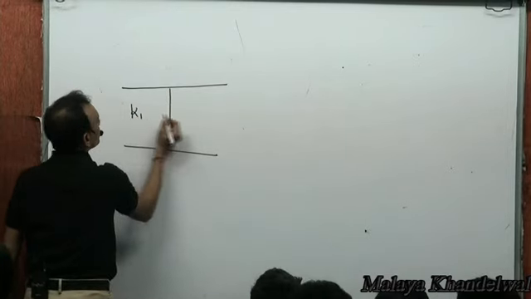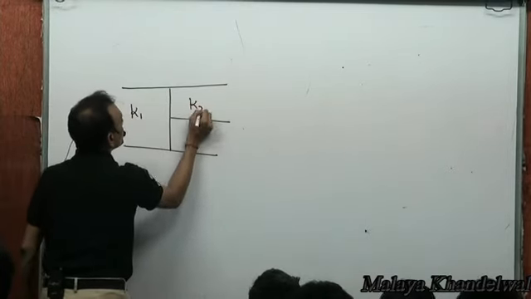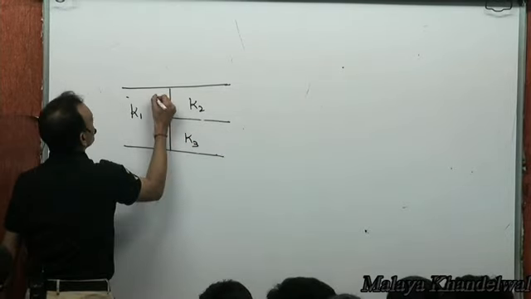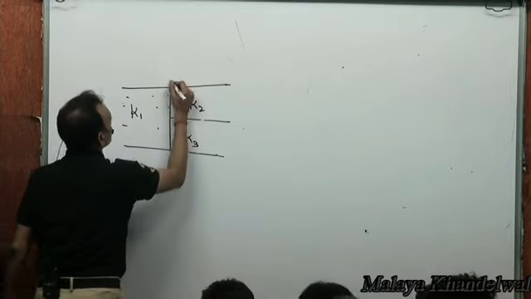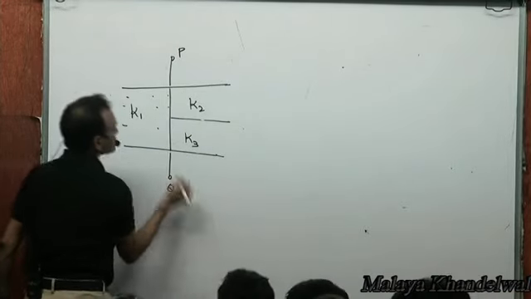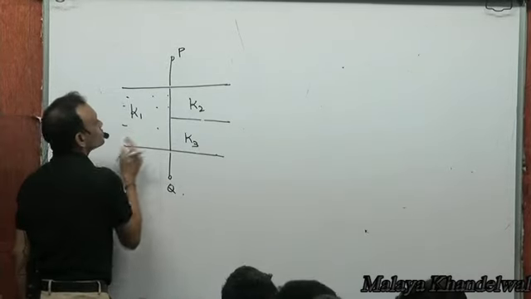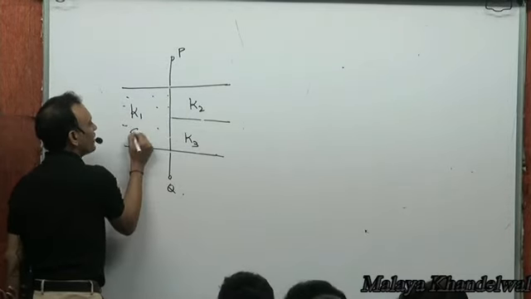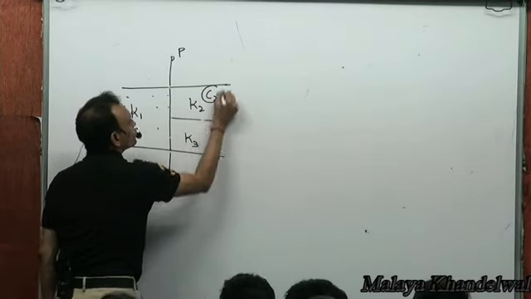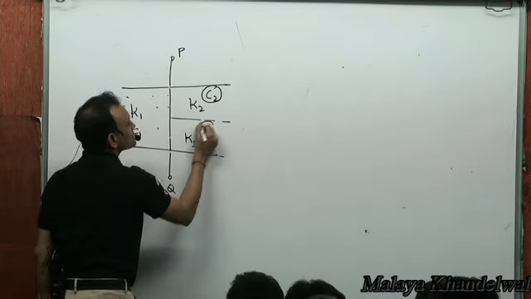Say this was K1, this was K2, and this was K3, an arrangement of this kind, for example, between points P and Q. I want to find the capacitance of this unit between P and Q. This portion would have capacitance C1, this portion C2, and this portion C3.